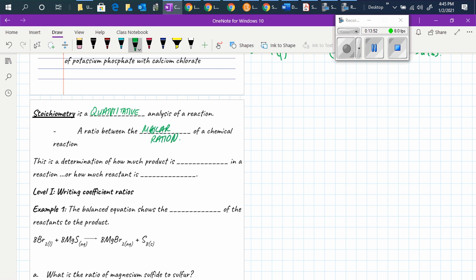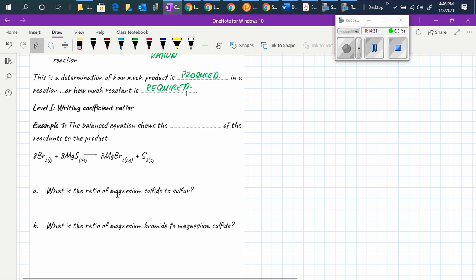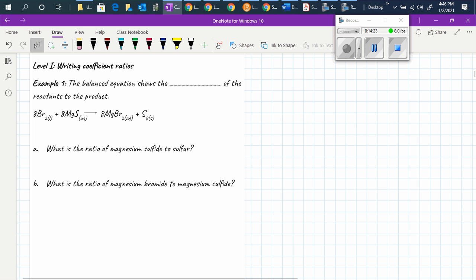This determines how much product is produced in the reaction, or how much reactant is required to produce whatever we are looking for. So the balanced equation, where we always start any work in stoich, is showing the molar ratio.